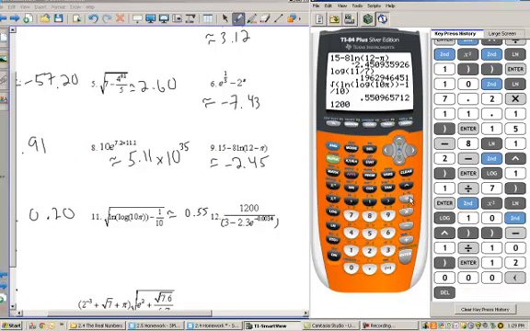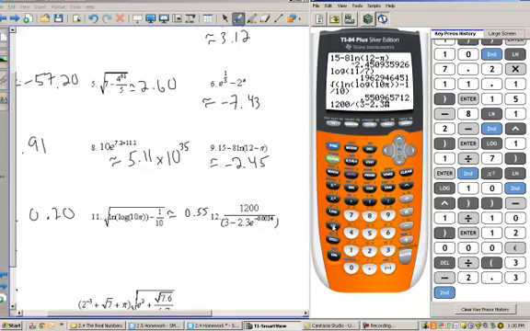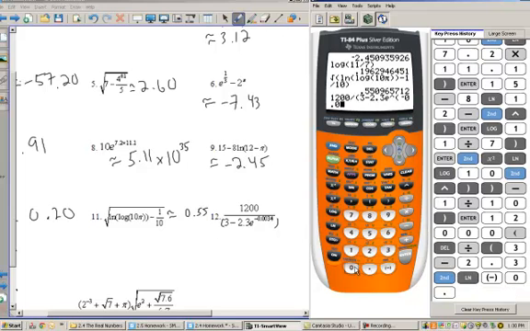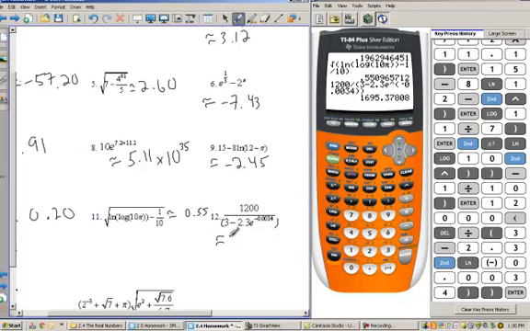All right, so 1200 divided by left parenthesis 3 minus 2.3, and then second e to the, and then that's a negative sign, so remember I have to use the negative button, so negative 0.0034 in parenthesis for the exponential, in parenthesis for the denominator, hit enter, and out pops my answer of approximately 1,695.38.